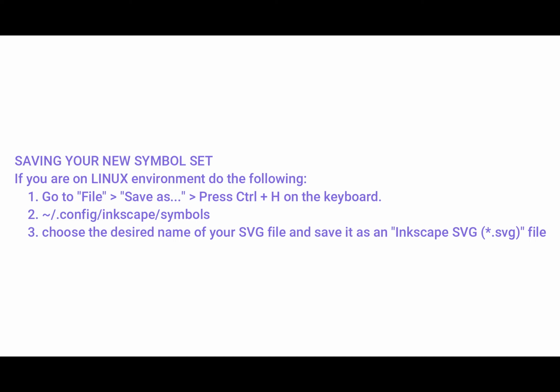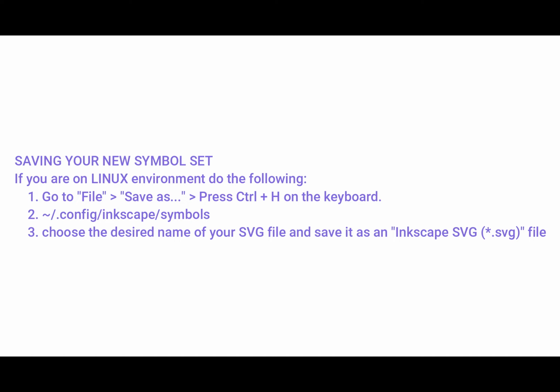If you are in Linux, what you have to do is go to File and then Save As, and then you press Ctrl+H on the keyboard, and then you go to this directory which says the tilde /.config and then /inkscape and then /symbols.